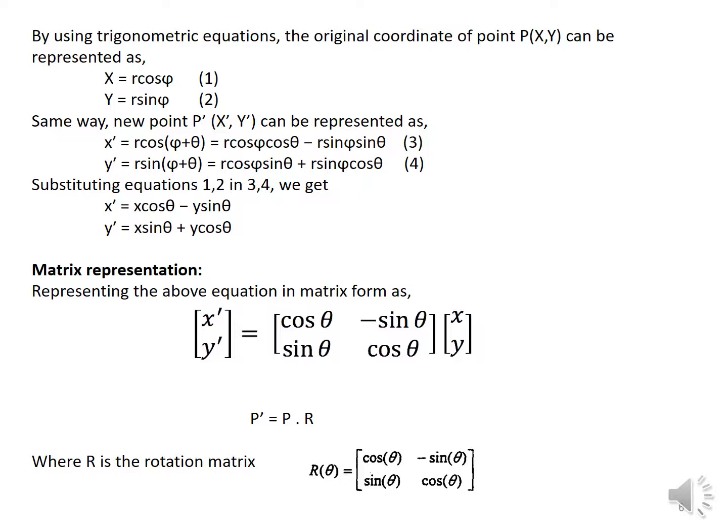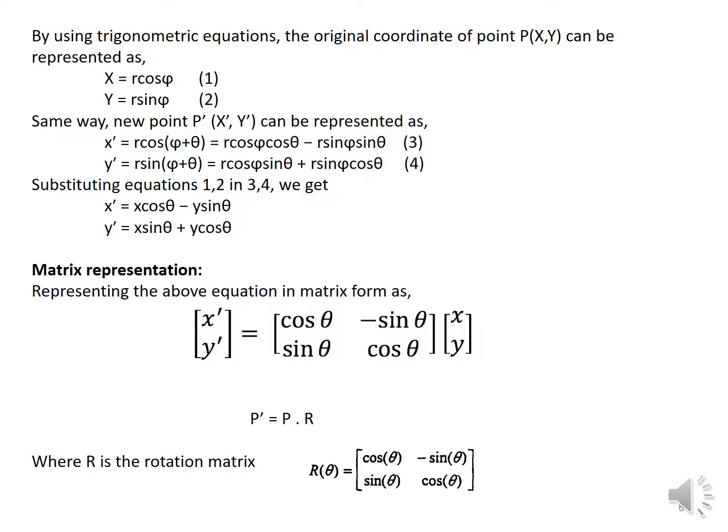Now, according to the trigonometric formula, r cos(phi plus theta) can be written as r cos phi cos theta minus r sin phi sin theta, and r sin(phi plus theta) can be written as r cos phi sin theta plus r sin phi cos theta. Now, substituting equations 1 and 2 in 3 and 4, we get x' equal to x cos theta minus y sin theta and y' equal to x sin theta plus y cos theta.